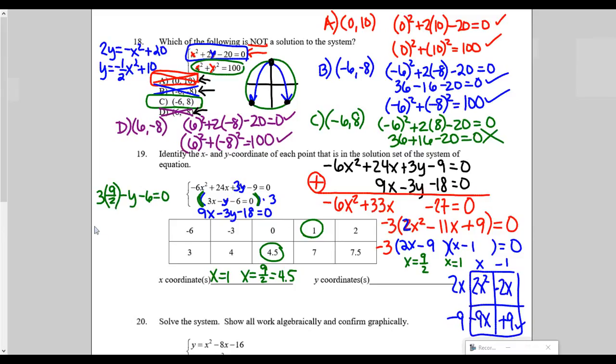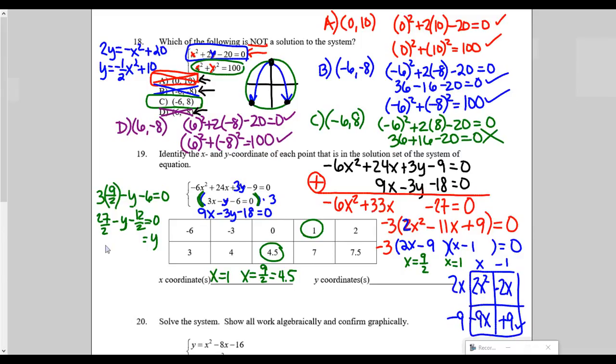So 9/2 times 3 would be 27/2. I will move the y over to the right side. I have 27/2 minus 6. 6 is 12/2, so let me change that right here to a minus 12/2. Might as well get a common denominator at one time.